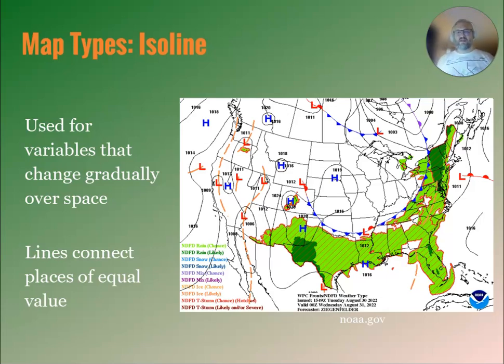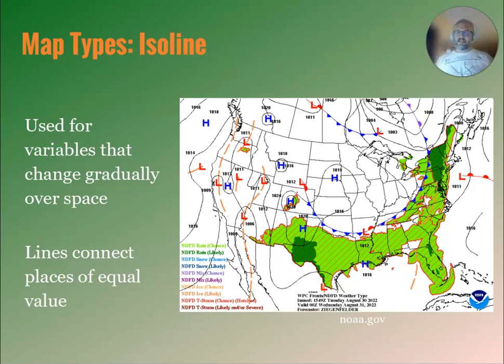For example, if you headed northeast from there across Minnesota into Canada, you're heading towards that L. The air pressure is getting lower as you go towards the L. And as you cross other lines, that gives you an indication of exactly how much lower the air pressure has gotten at each of those steps along the way. So the lines connect places of equal value on your variable, which in this case is atmospheric pressure. If you are moving from one line to the next, you're changing on that variable.